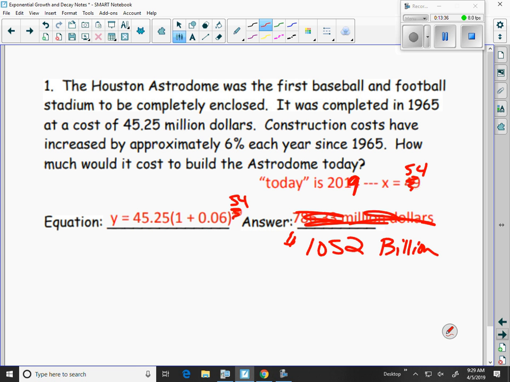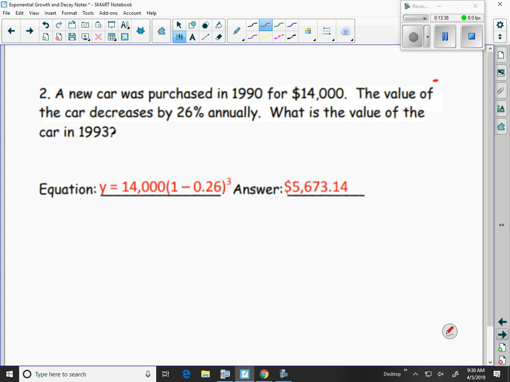All right, number 2. You should have gotten 5,673.14. Yes. Okay, any issues on number 2? Did you have the same equation? 1 minus 0.26.